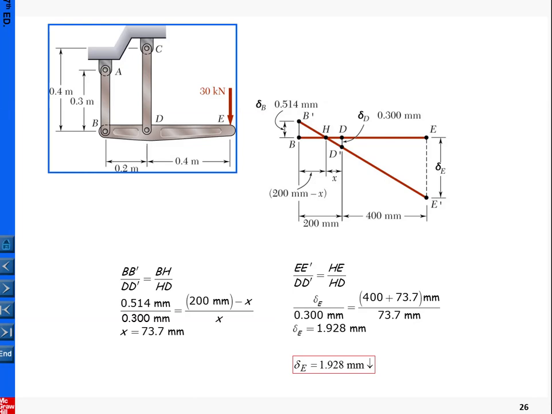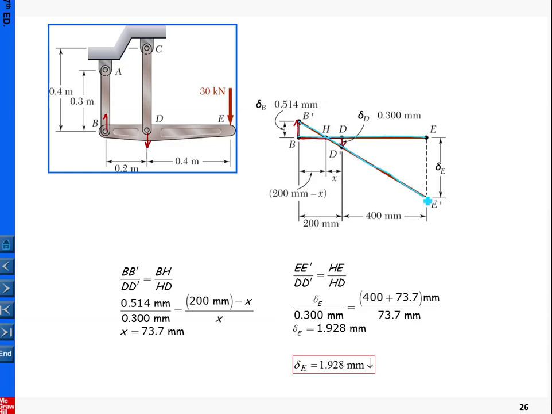Here we have determined that at point D the displacement is downward, and point B is upward. So point B is displaced upward to here, and point D is displaced downward to here, and this BDE is rigid. Let me use a different color here. Because BDE is a rigid link, rigid means it always remains a straight line.